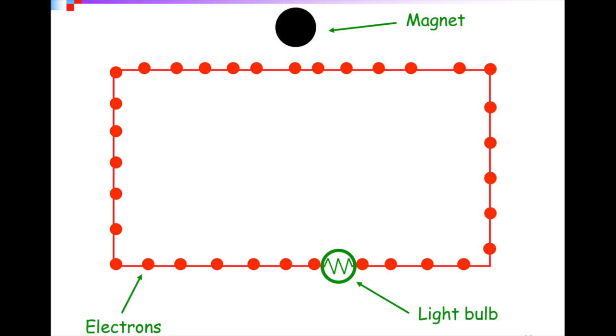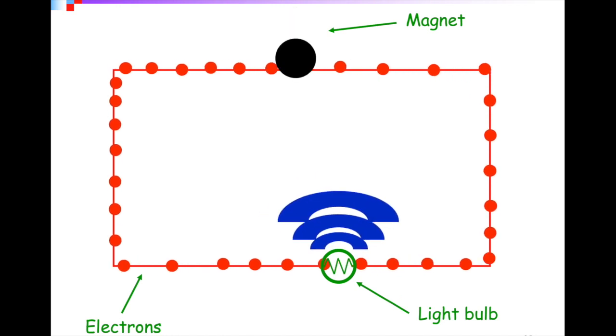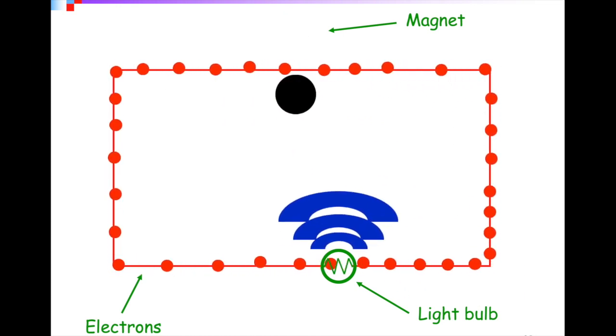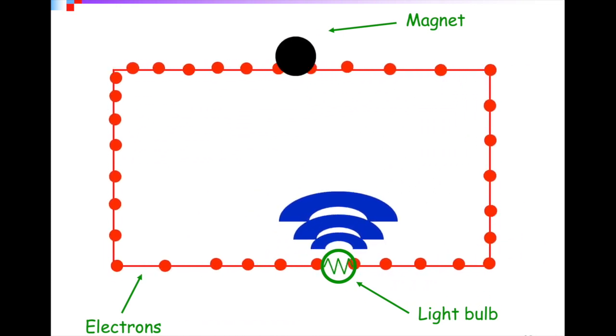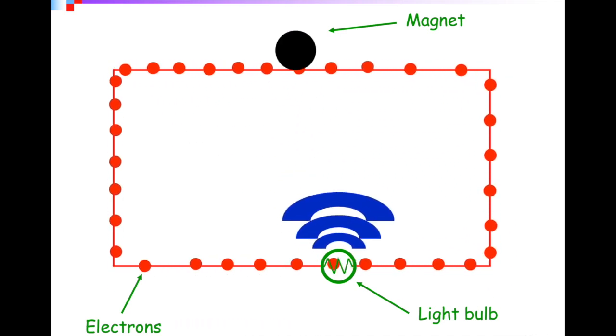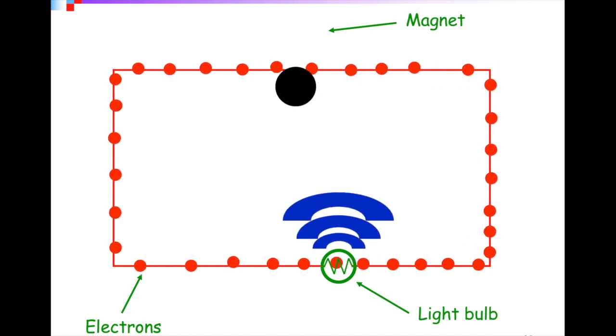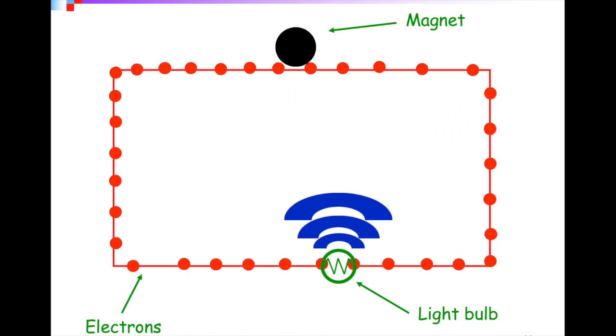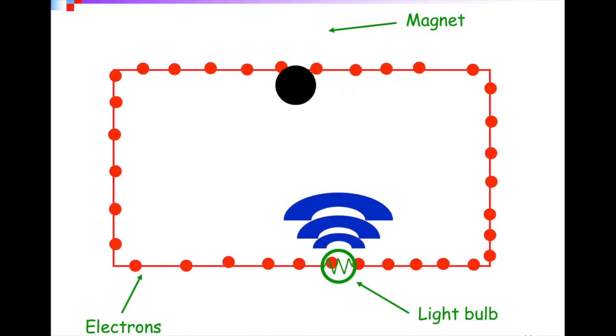If we have a magnet, the black circle, and we bring it or move it near or close to a copper wire, you will see what happens. Moving a magnet will make electrons in the copper move, and we call this induction.